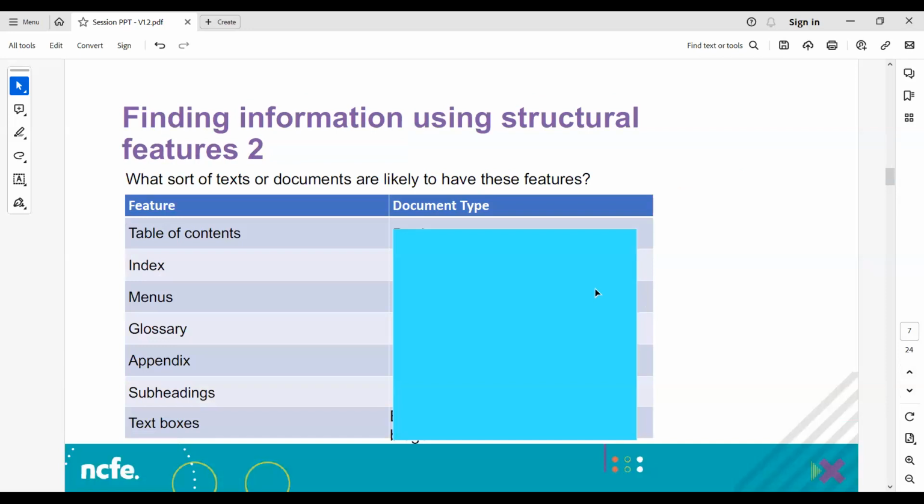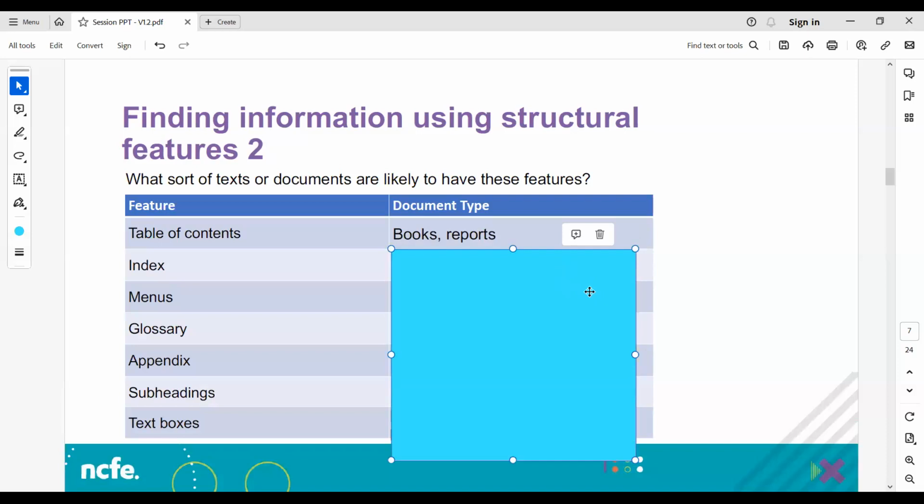So a table of contents, what type of document or text would it be? It could be like articles or books, could be. So a book or a report.